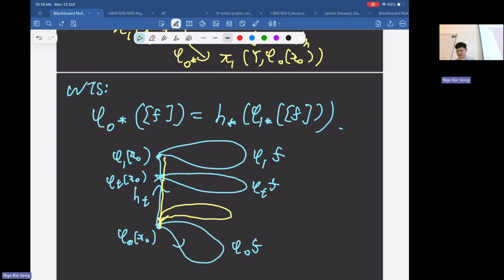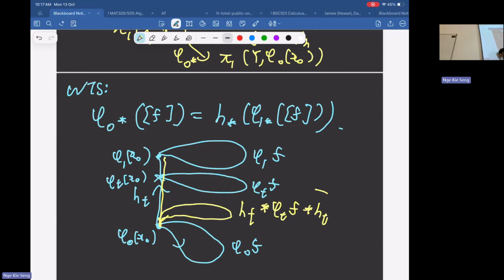So your homotopy is like h_t, and then do the loop, and then come back. When t is 1, then you go all the way up, and do the loop, and come back. When t is 0, then this is a constant loop.